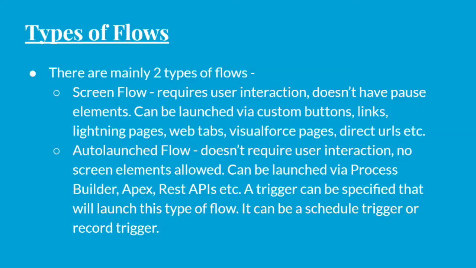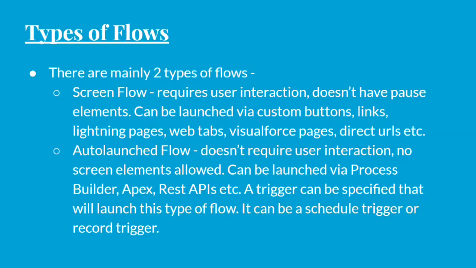So these are something which gets launched on some trigger. It happens when something happens in these ways, maybe using a process or through an Apex code or from some external system through REST API, some data is coming or some record is getting updated or created.